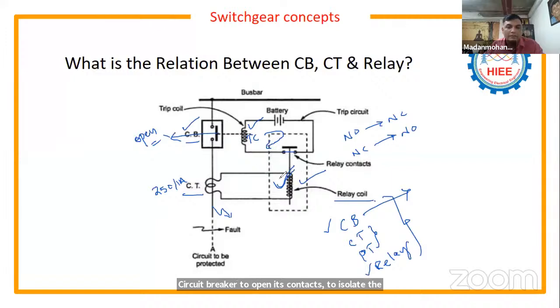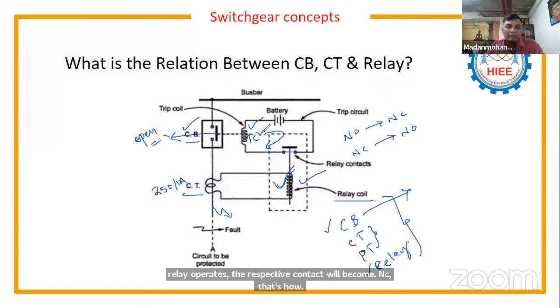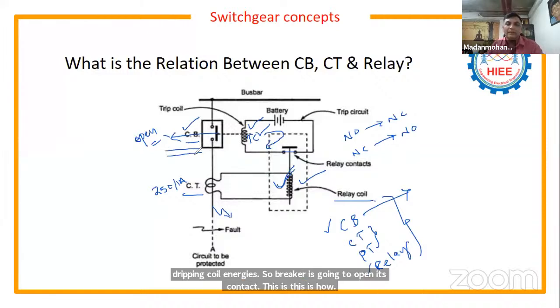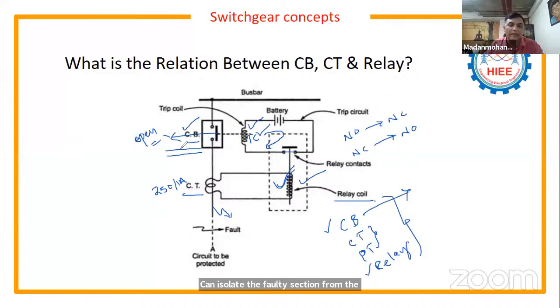How? When the relay operates, the respective NO contact will become NC. That's how it will energize the breaker tripping coil. When the breaker tripping coil energizes, the circuit breaker is going to open its contact. This is how the circuit breaker can isolate the faulty section from the healthy section under abnormal conditions.